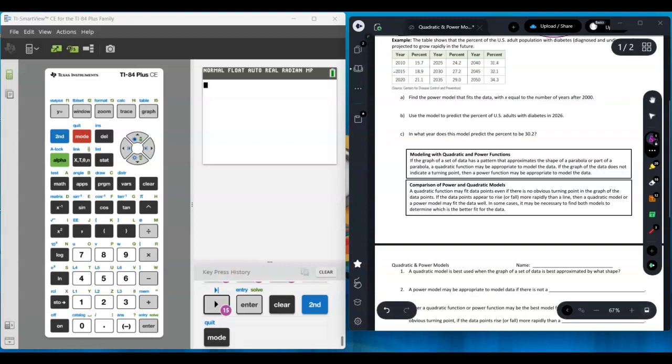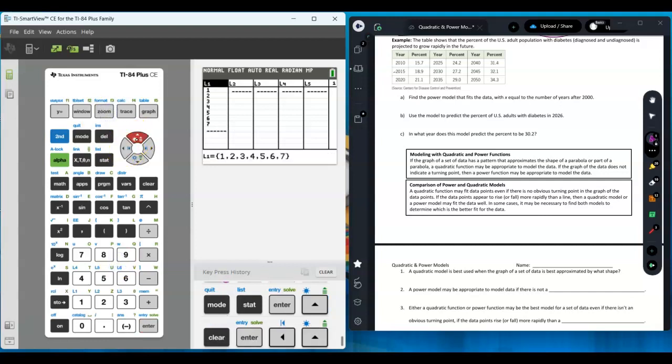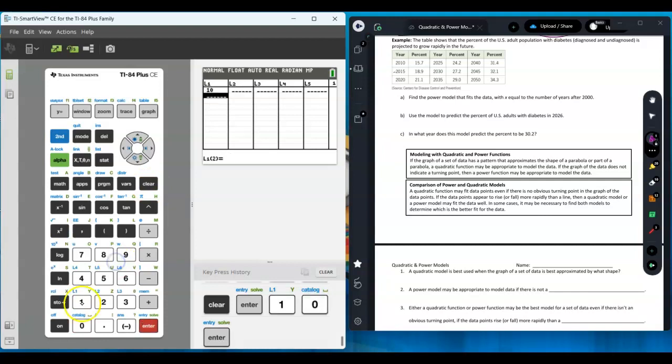So I'm going to go to Stat, and then to Edit, and I'm going to clear out my old data. So then I'm going to put in my X values into L1. So 10, 15, 20, and intervals of 5 here all the way up to 50.